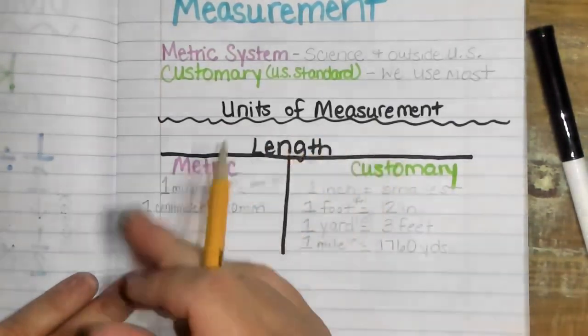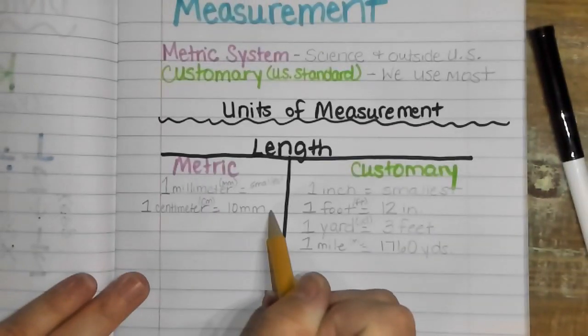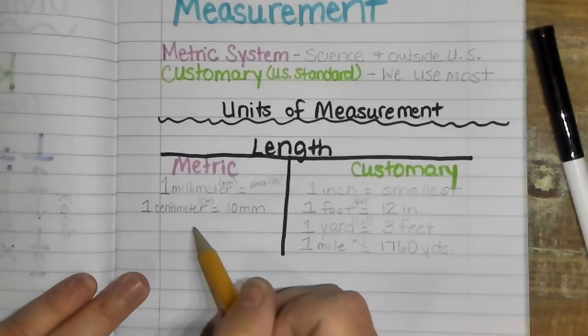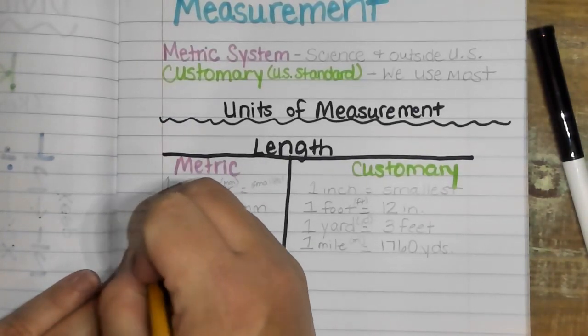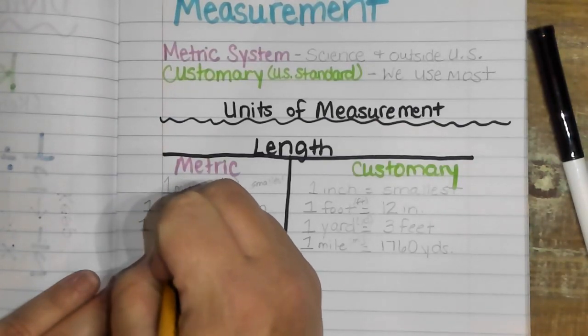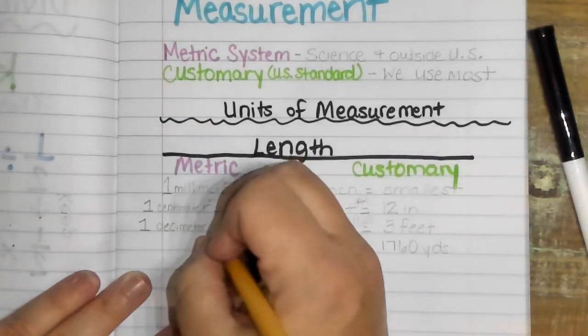The next, if we have 100 millimeters or 10 centimeters, that gives us 1 decimeter, and that is abbreviated dm.